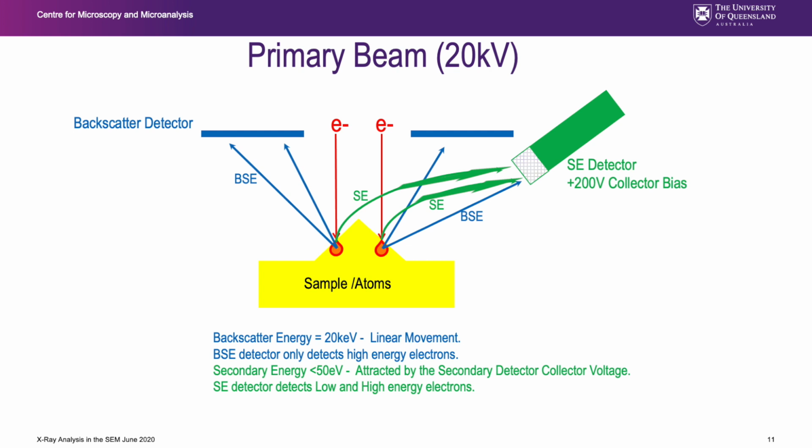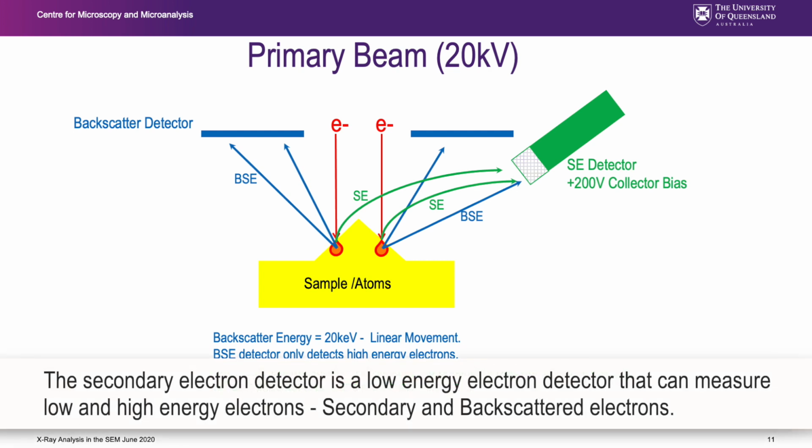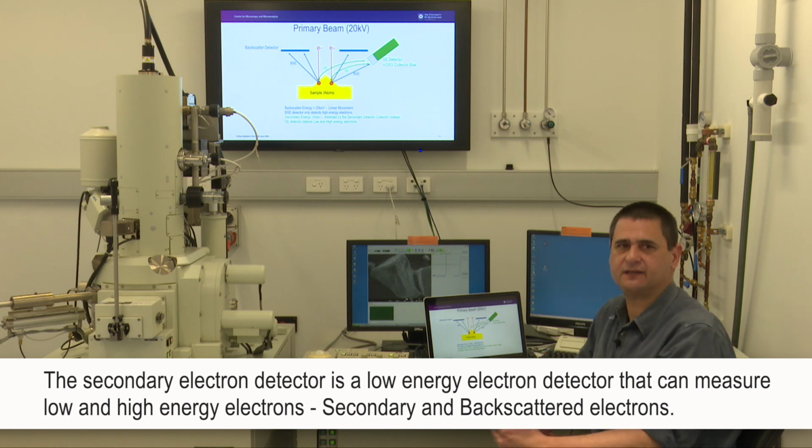And so you get to see all of the specimen as much as you can. Less so with backscatter electrons. The thing about my secondary electron detector is it's really just a low energy electron detector. And because it can measure low energy electrons, it can also measure high energy electrons. So it's not an SE only detector, it measures both SE and BSE electrons.